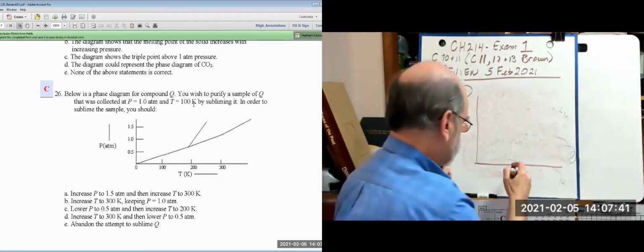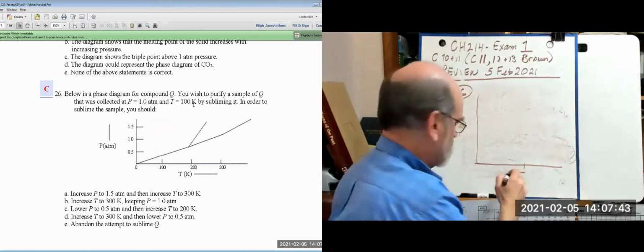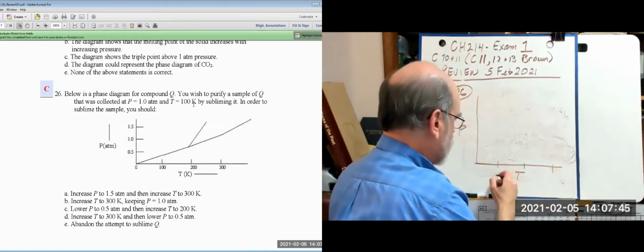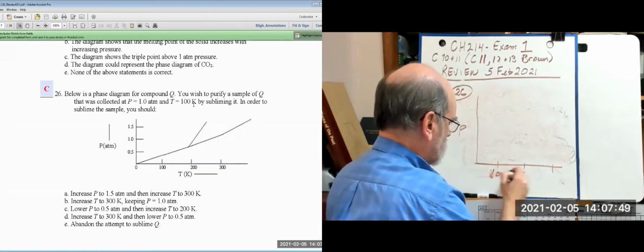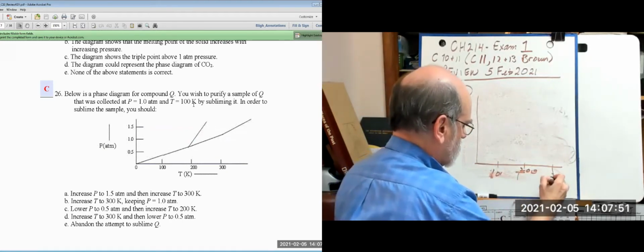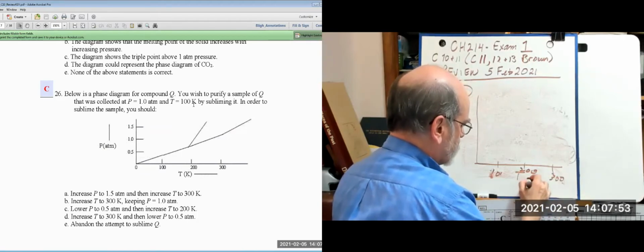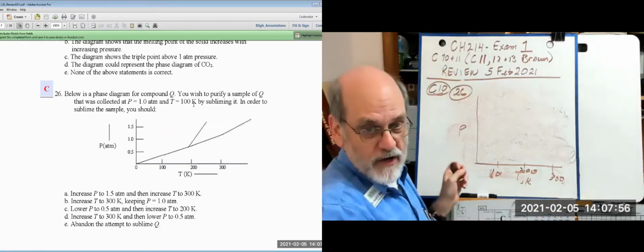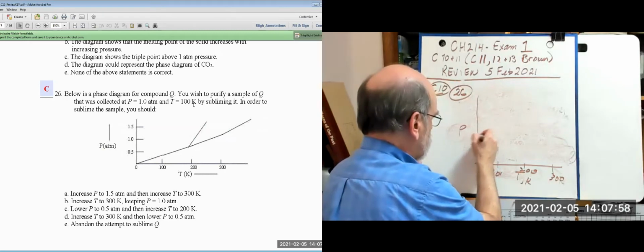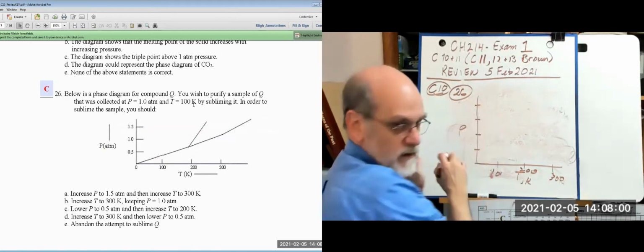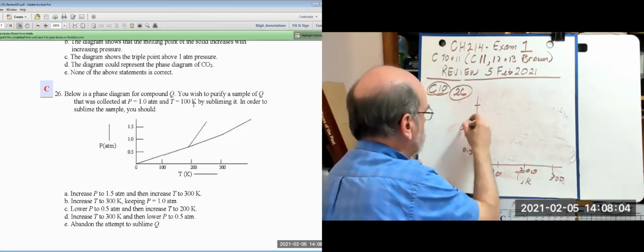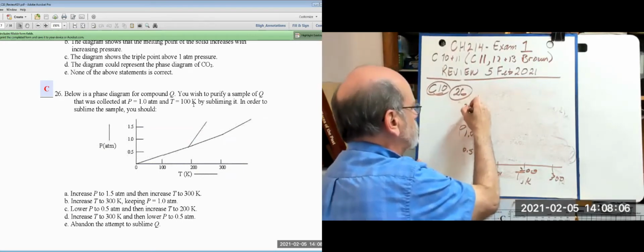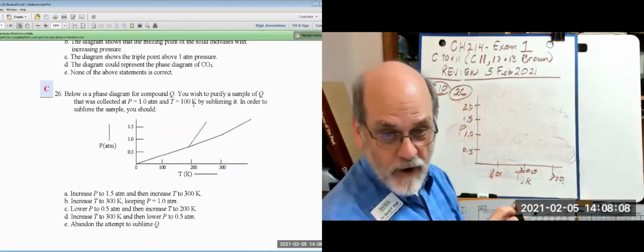We've got 100, 200, 300 K. Temperature in K. And this is 1 atmosphere. This is a half. This is 1.5. This is 2.